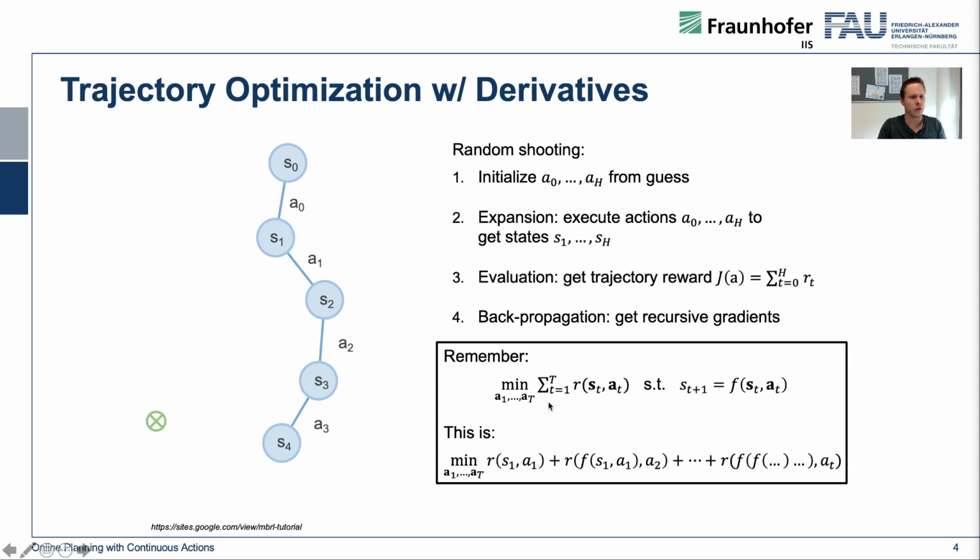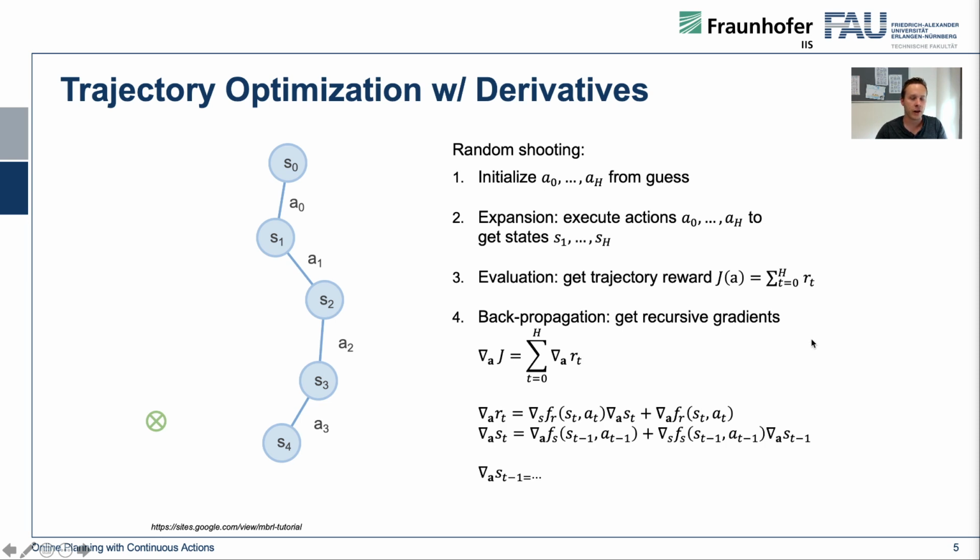And if this is what you want to minimize, and you want to do a gradient based update on this minimization objective, you can just roll this out and get recursive gradients from it. So this is your objective function, and you derive it with respect to your actions, because this is actually what you want to optimize.